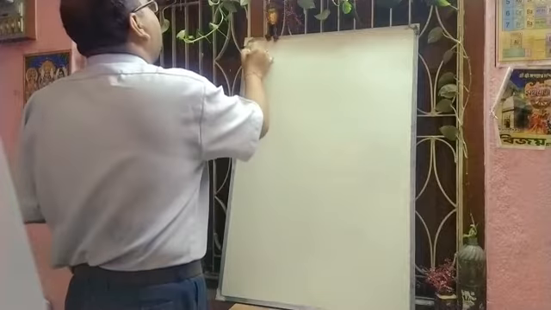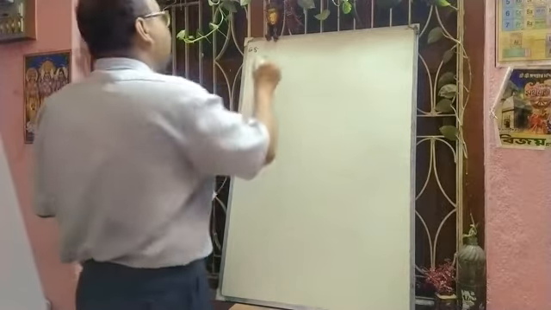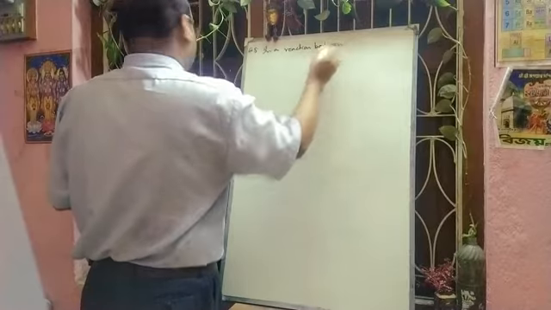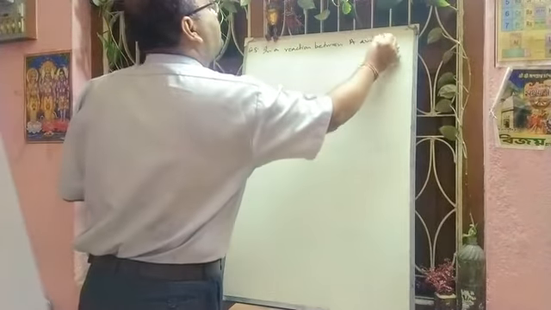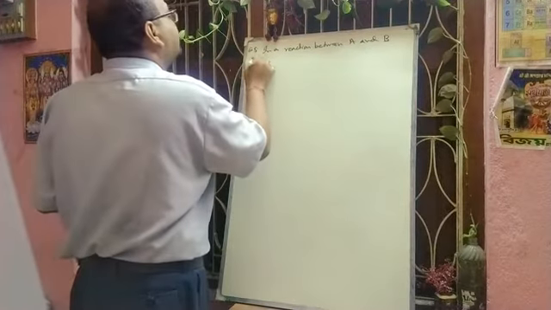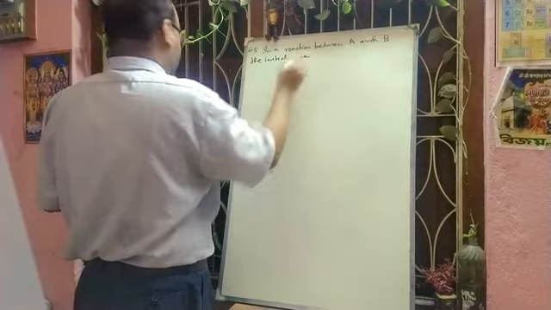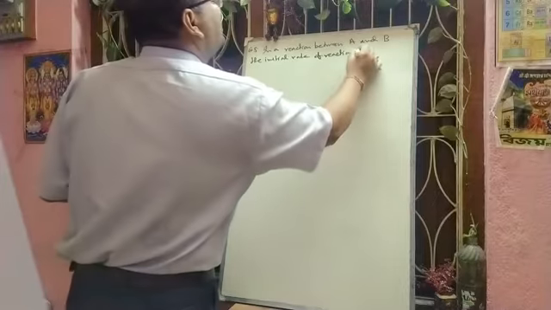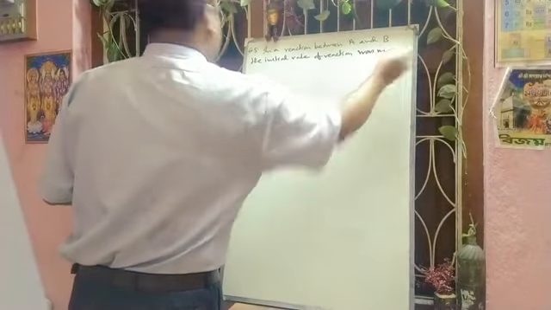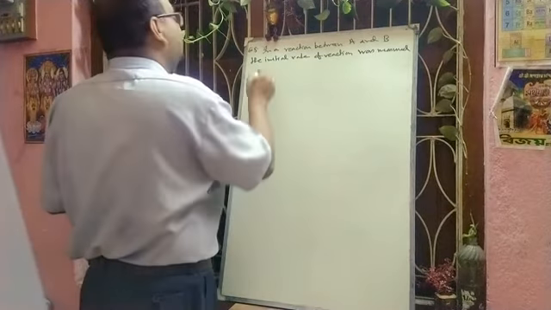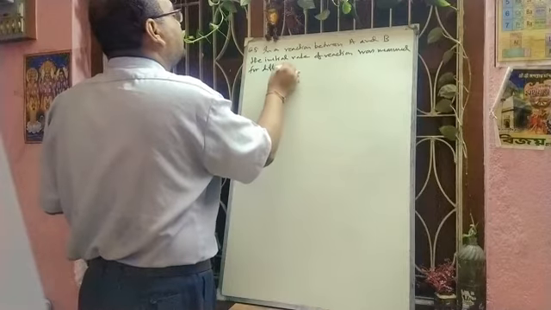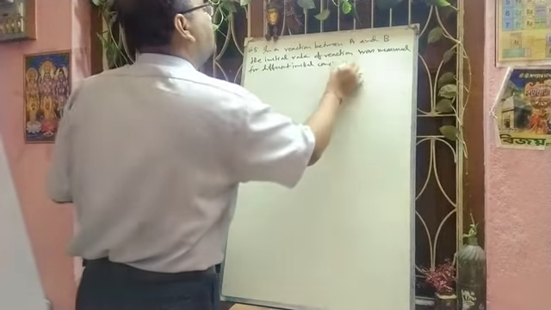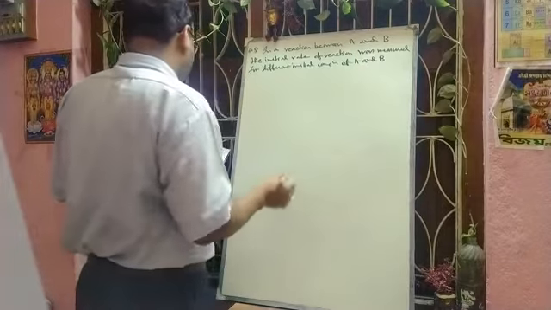Next, question number 8. This is another type of question. In a reaction between A and B, the initial rate of reaction was measured for different initial concentrations of A and B as given below.